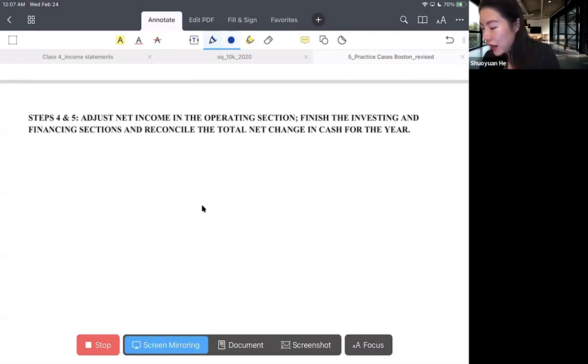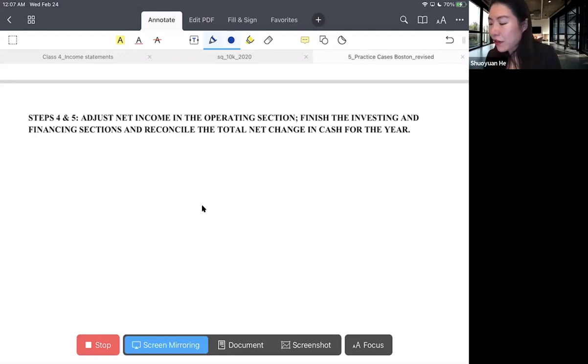So the first adjustment we need to make is this 1,726. It's the depreciation. And then those adjustments are taken from those items here, which are operating related items.